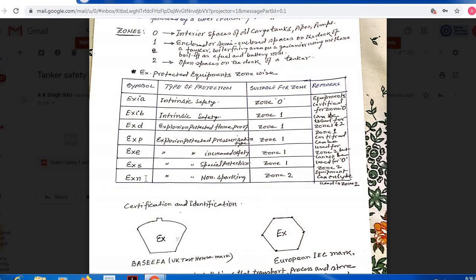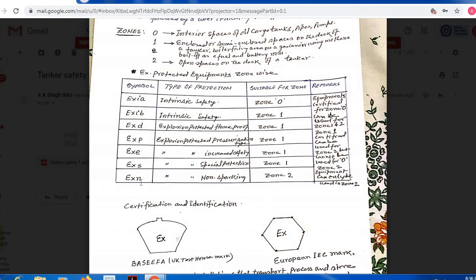So this has to be standardized, this has to be certified. But then who will certify it? Certified means it is complying with all the requirements for protection against explosion in a particular zone.